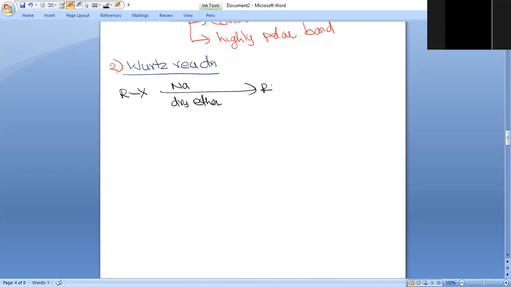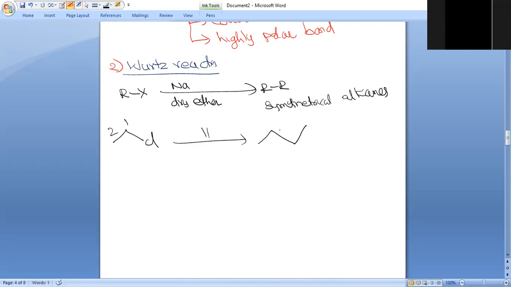You'll get RR, symmetrical alkanes. Suppose you have chloride like this, then you do this and you will get like this. Here how many carbons? 1, 2 carbons are there. Now you are breaking that, 1, 2, 1, 2. Symmetrical. You can break similarly.